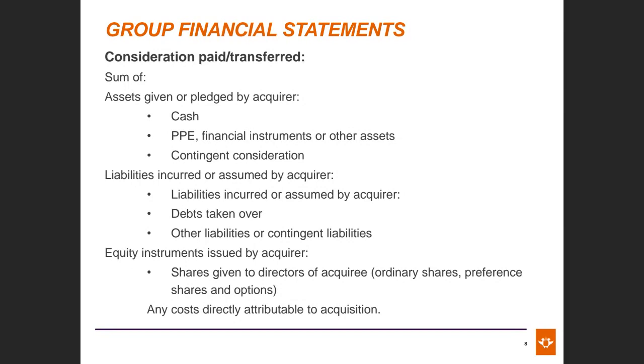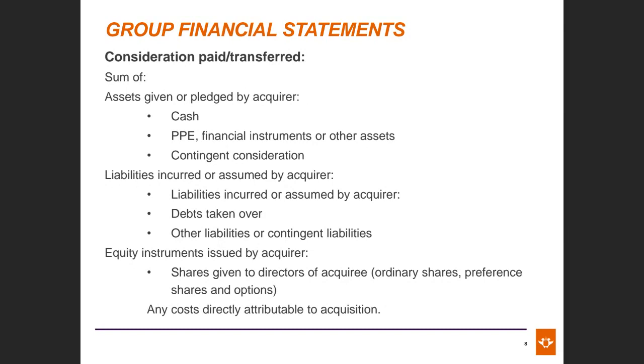There can also be an element of contingent consideration. So what is contingent consideration? Does anyone know what contingent consideration is? Okay, so contingent consideration is basically an amount that the acquirer is going to pay to the acquiree, but it is contingent upon some event that is going to happen in the future.